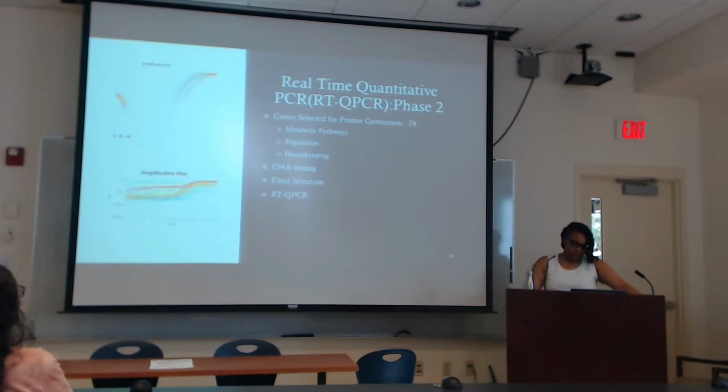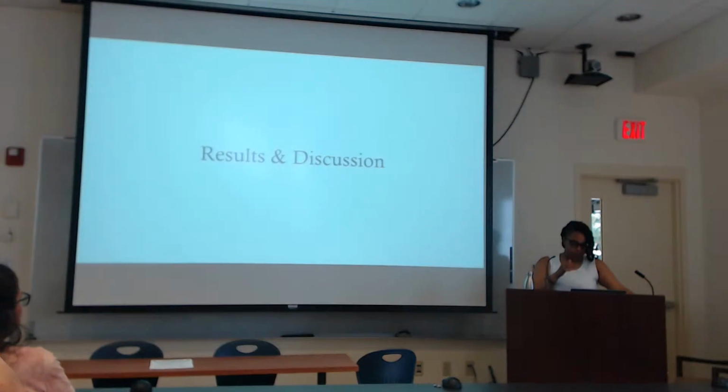Once that amplification checking was done, out of the 29 primers that we had, 27 amplified well. That's still a lot of primers for real-time PCR. So we then further selected for primers that amplified well over all of the time periods, and then used randomization to select 5 primers that were finally used for real-time PCR.